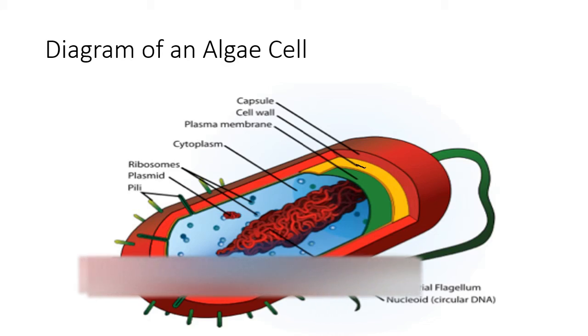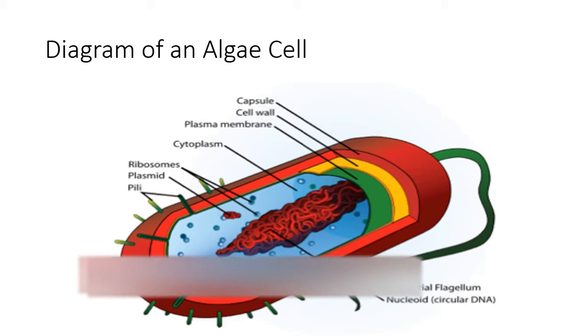Okay? And clearly just above that is the plasma membrane. So the point of labeling a diagram is just so that you can see the different parts of whatever they're labeling, and where they're located.